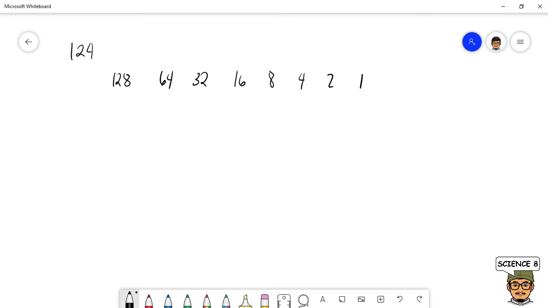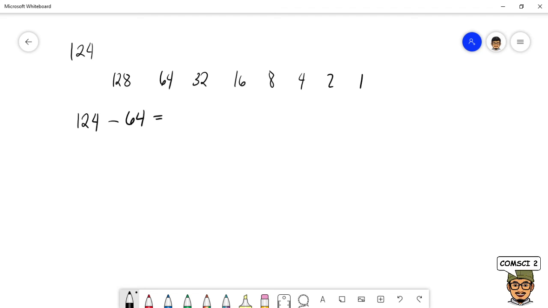Okay, so the next thing we have to do again is subtract the powers of 2 from our given decimal number. They should be at least equal to or less than the number. That is 124 subtracted by 64, since it is the number less than 128.